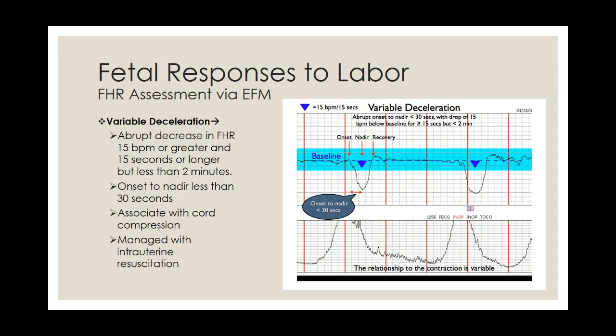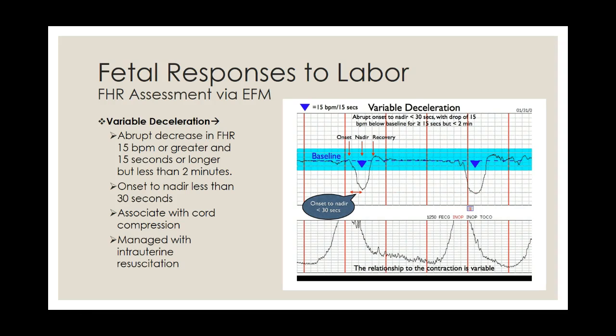This is our third type of decel, and this is an abrupt decrease in the fetal heart rate. It is 15 beats per minute or greater and 15 seconds or longer, but it's less than 2 minutes. The onset to the nadir is less than 30 seconds, so it's quick.